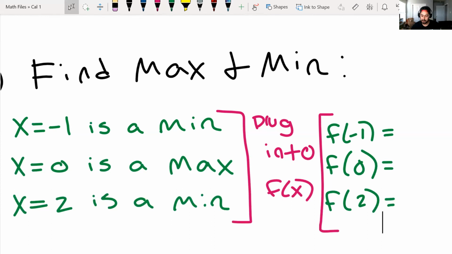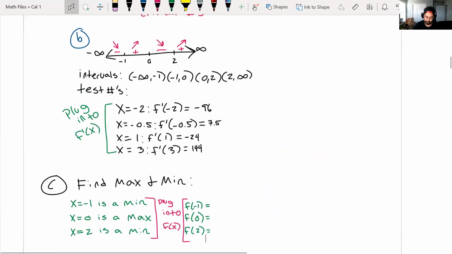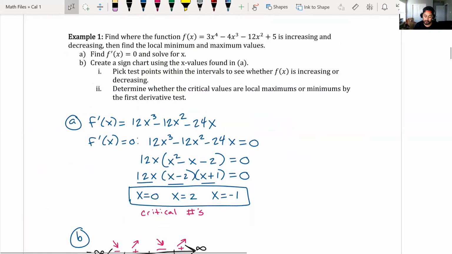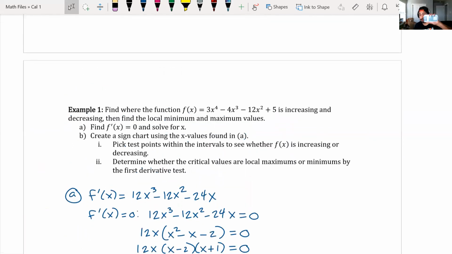I'll use our table trick again in the calculator to make everything faster: 3x to the 4th minus 4x cubed minus 12x squared plus 5.